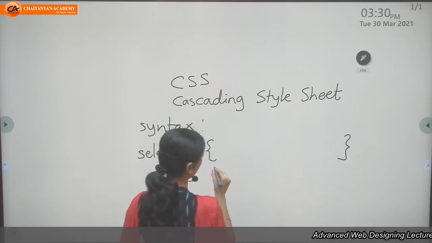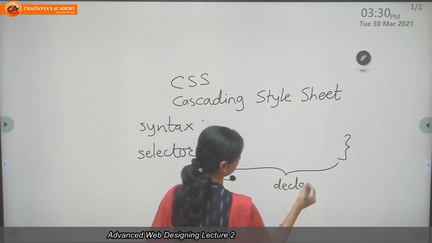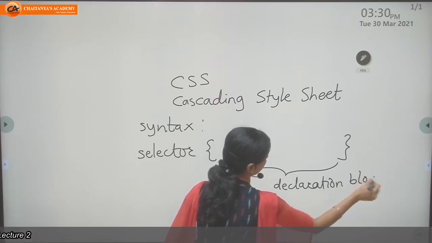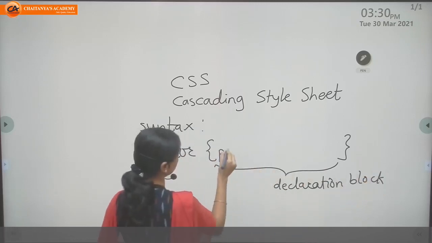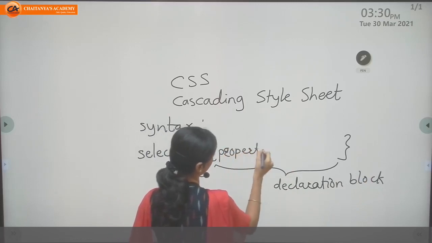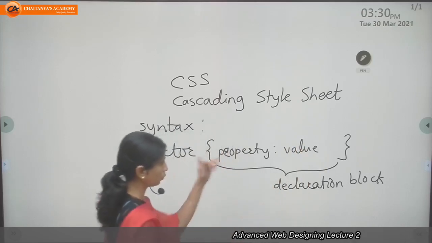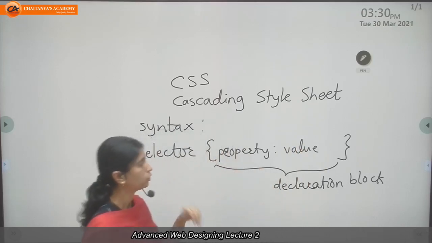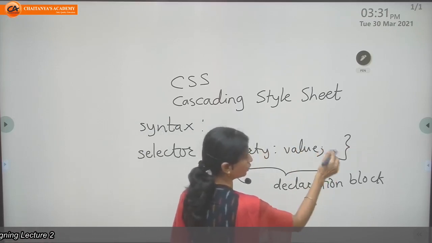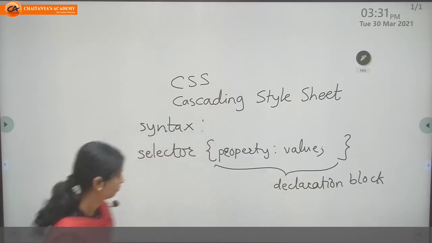The declaration block consists of a property and the value of that property. You can use a single property, or you can use multiple properties. If you want to use different properties, you can separate them by using a semicolon.